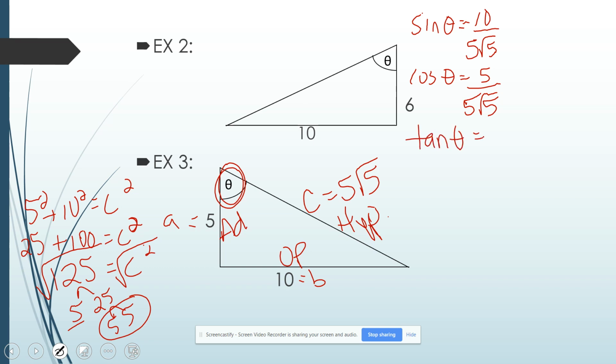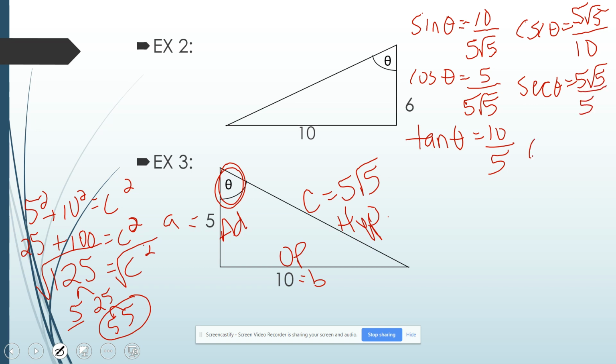And tangent theta, we have 10 over 5. Cosecant theta, we have 5 square root of 5 over 10. Secant theta is 5 square root of 5 over 5. And cotangent theta is 5/10.